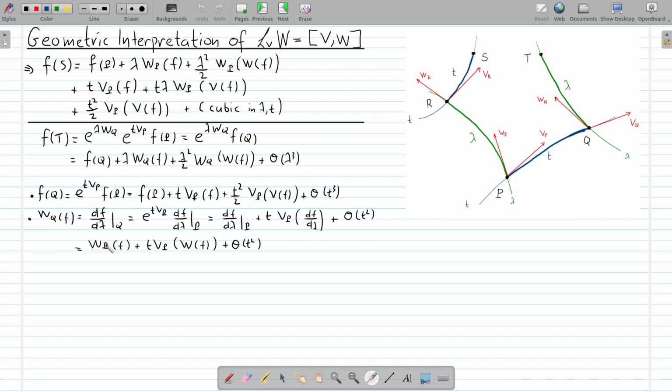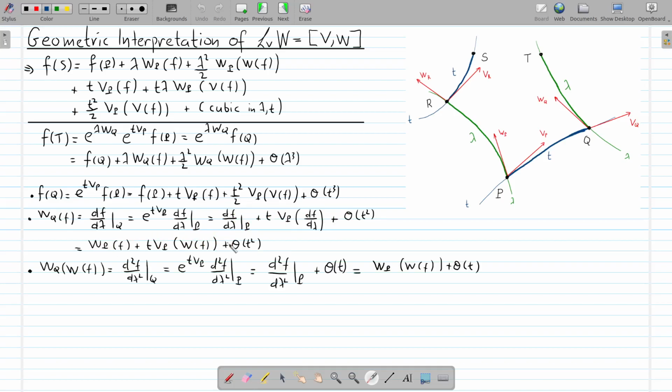W of f at Q is expanded by considering the expansion of the derivative around the point P, and we obtain those two terms here. And finally, the second derivative at Q is equal to the second derivative at P plus higher order terms, which we ignore.